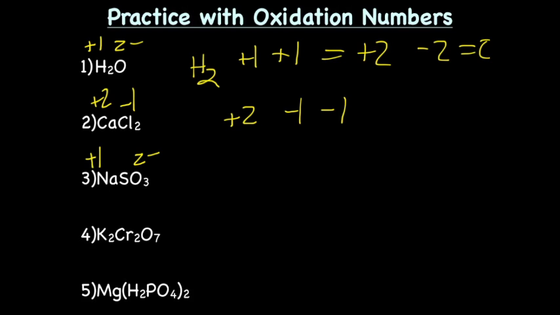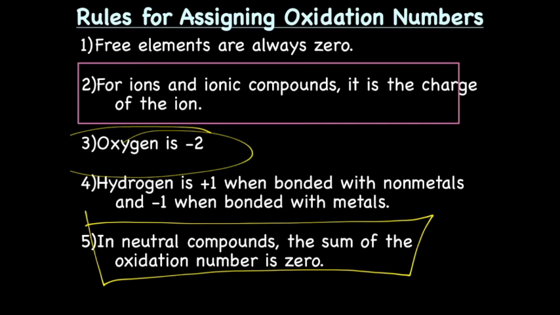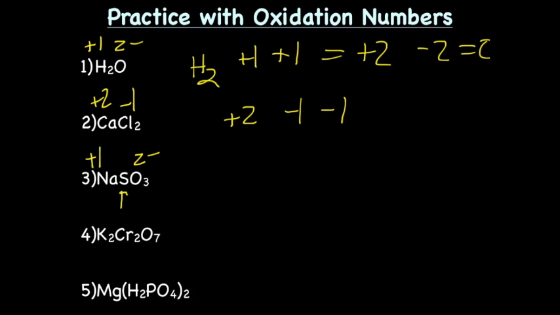Now we're going to use this last rule to figure out the oxidation number on sulfur. We're going to use the rule that in neutral compounds, the sum of the oxidation numbers is always 0. So for the Na, we know we have a +1. We don't know about the S yet. We know that the O's are 2-, however, there are 3 of them. Let me try that again, make that a little bit more clear.